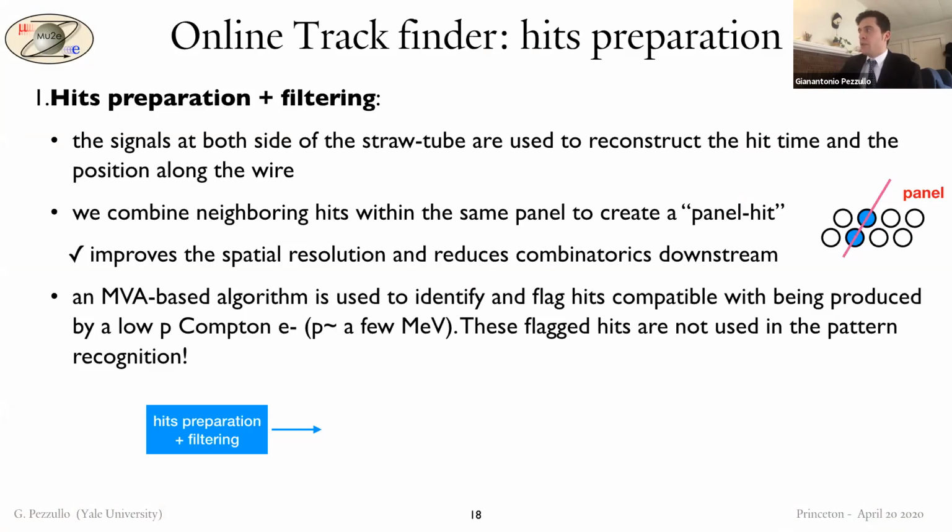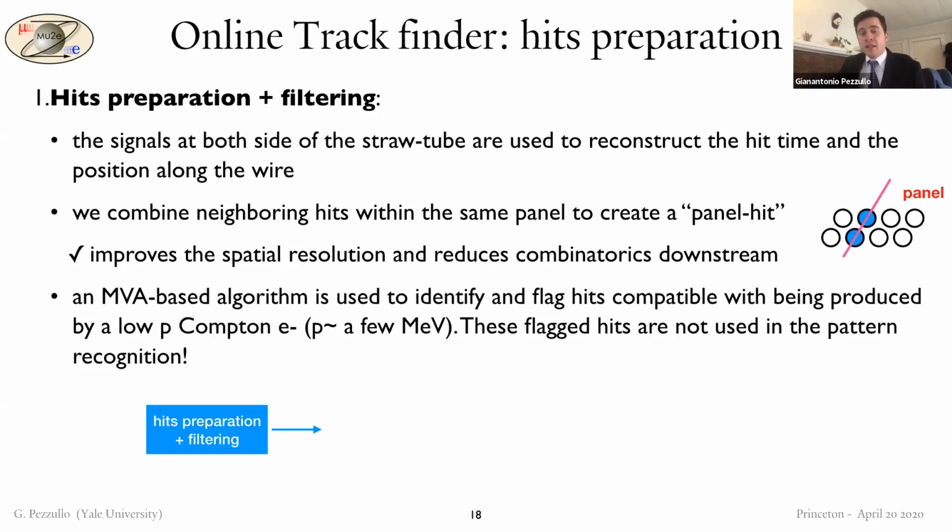Then we have a few with 3 hits, and the rate of actually wrong panel hits, where we combine straw hits made from different particles, is really low, something like 1%. That happens if one of the component electrons is on time with the hits made by a real particle.